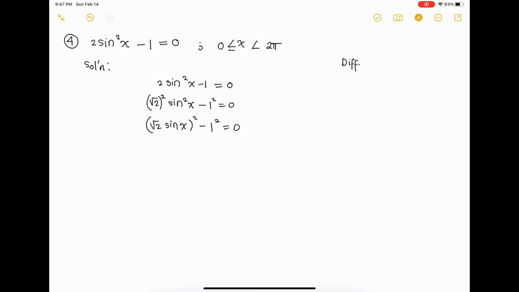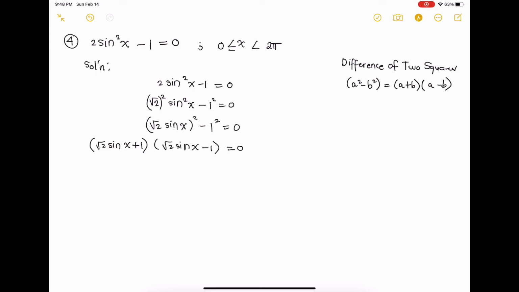We can apply the difference of two squares. The difference of two squares is if we have a squared minus b squared, then we can simplify it through a plus b times a minus b. Applying to our given, we have square root of 2 sine x plus 1 times the quantity square root of 2 sine x minus 1 equals 0.